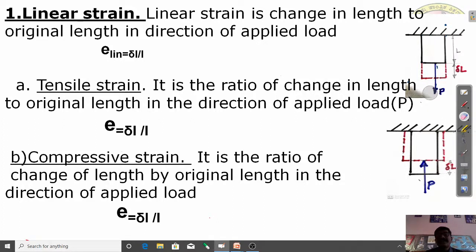The linear strain is change in length to original length in the direction of applied load.